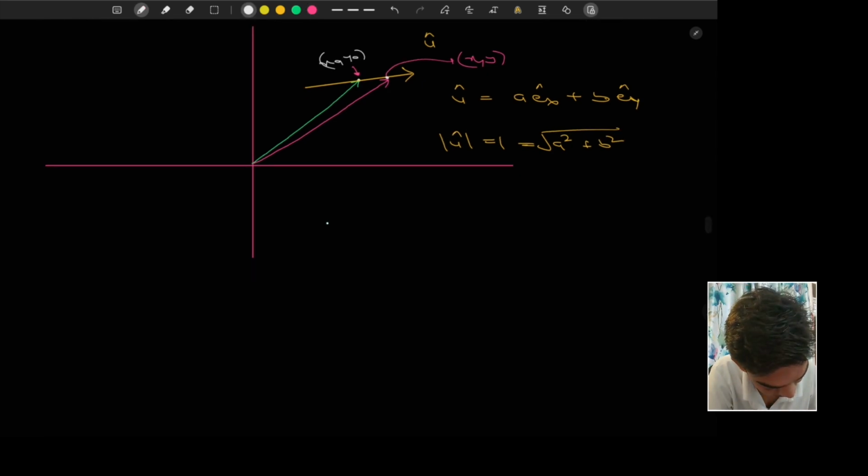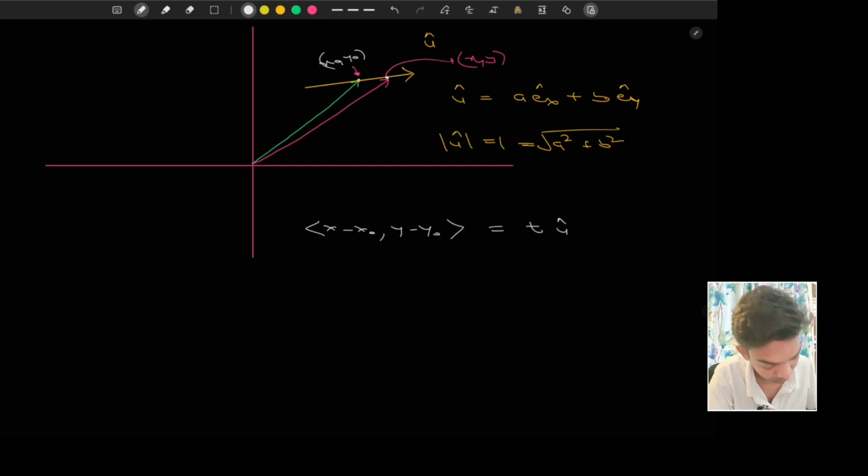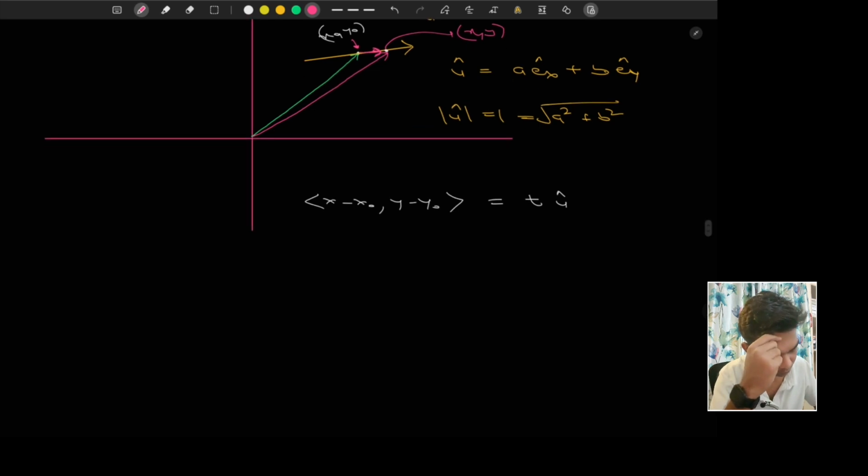So the equation of the line would be: the vector (x minus x0, y minus y0) should be in the direction of u, because this vector is this one, and it should be in the direction of u, so t times u.